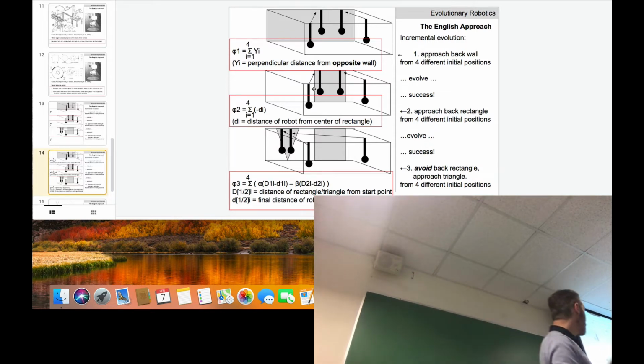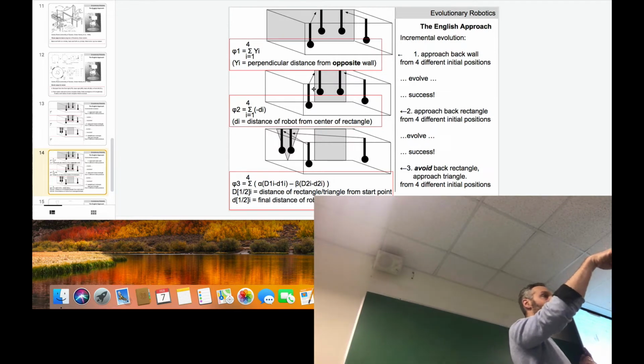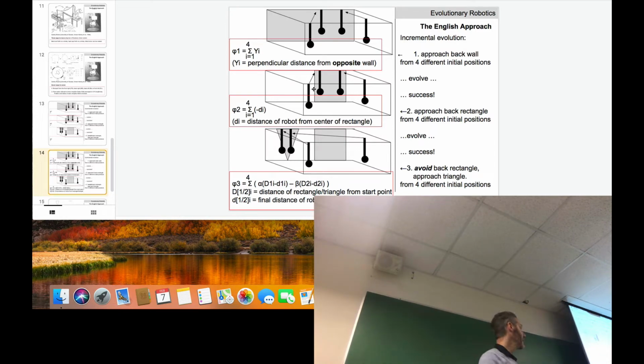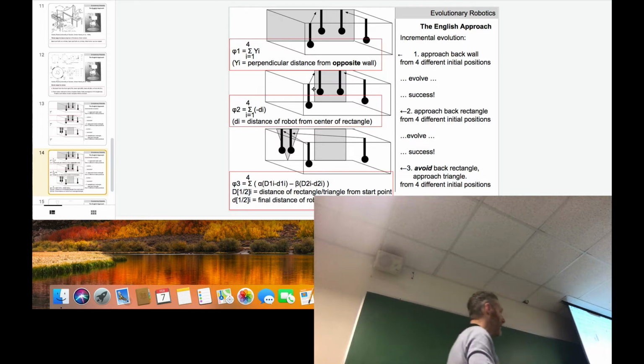So in this case, we are punishing any d sub I, right? We're dealing with the distance now, the distance from the final position of the periscope to the center of the black rectangle, and we want to try and minimize that distance. Simplest way to do it is to make it negative. Right? So often you should be able to spot by parsing the fitness function whether we're trying to reward or maximize, in this case, d sub I, or penalize or minimize d sub I.